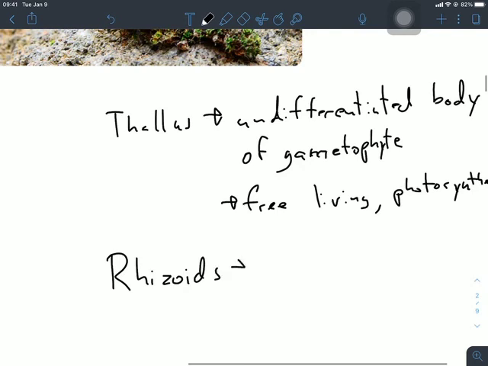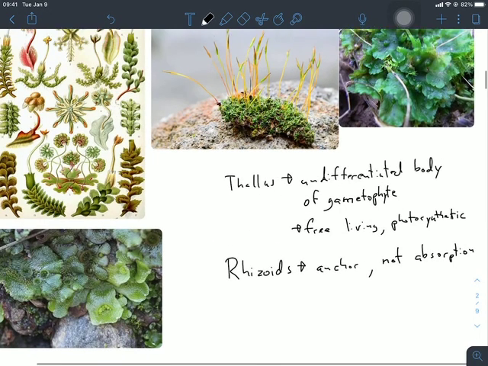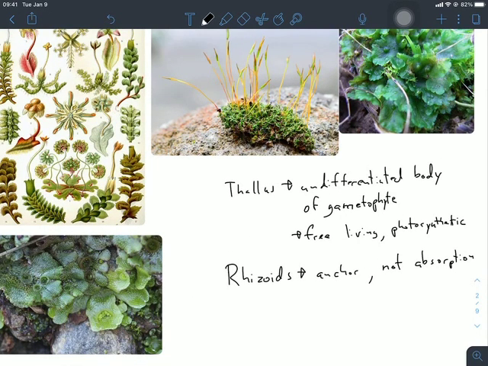Not true roots, but anchoring structures. They do not perform a lot of absorption, because absorption will occur both in the upper tissues and anywhere that the plant contacts the resources it needs.